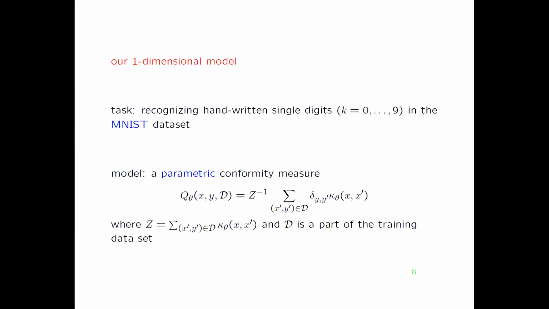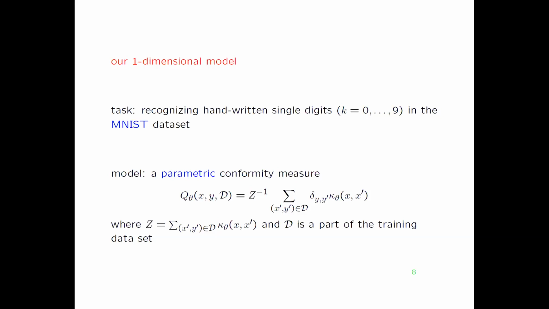And here are the technical, the boring details about the experiment. So as I said, we use the MNIST dataset. I think everyone knows what the MNIST dataset is, but our task is the simplest possible.